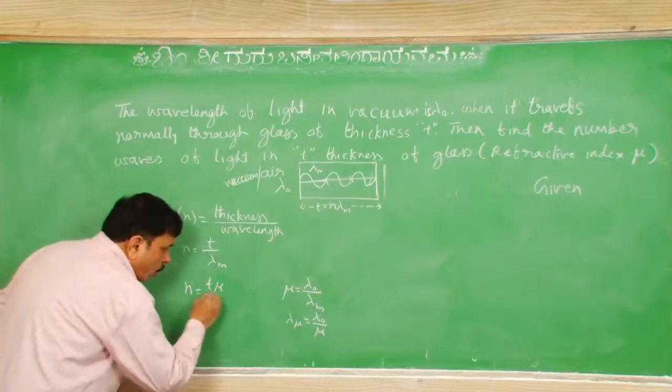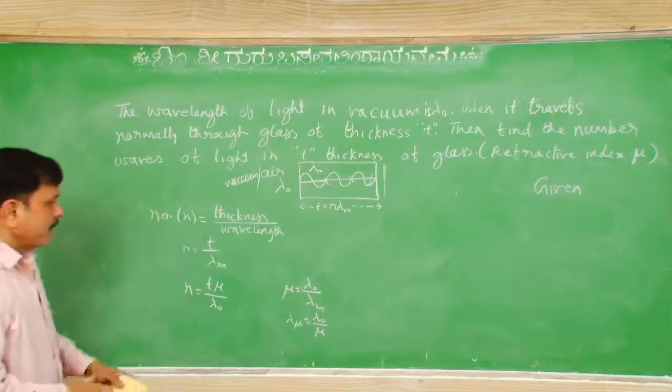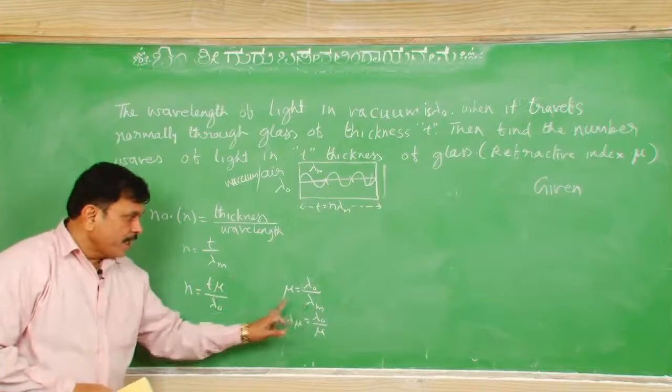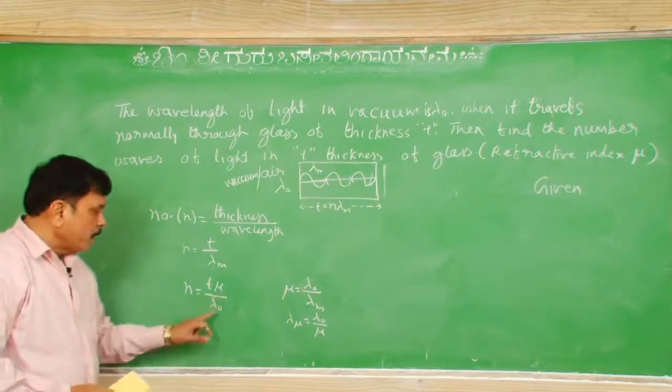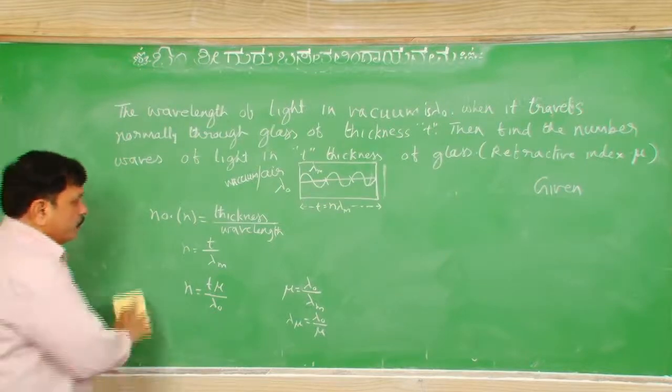So in place of lambda m we write lambda naught by mu. So mu goes to the numerator and lambda naught in the denominator: n equals T mu divided by lambda naught will be the answer.